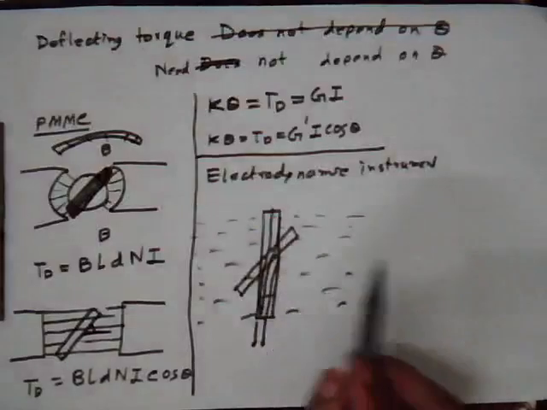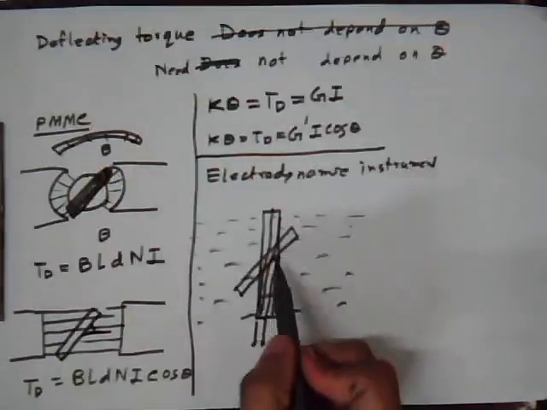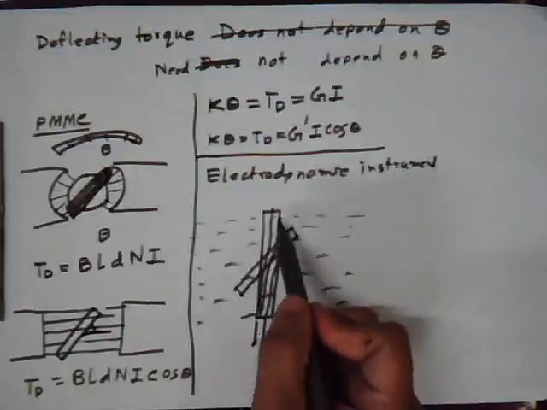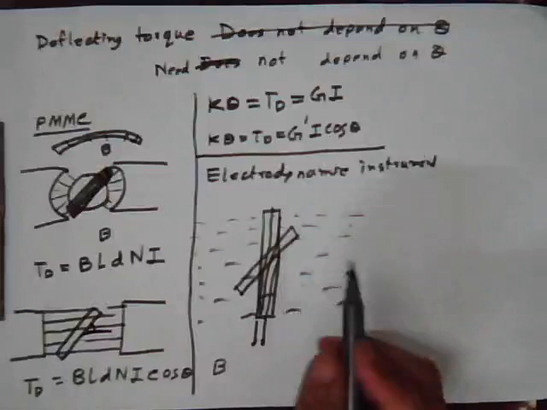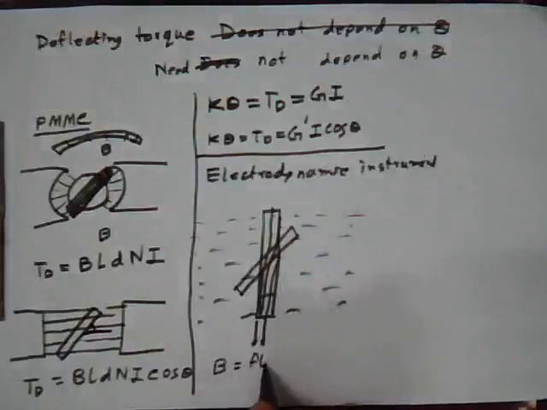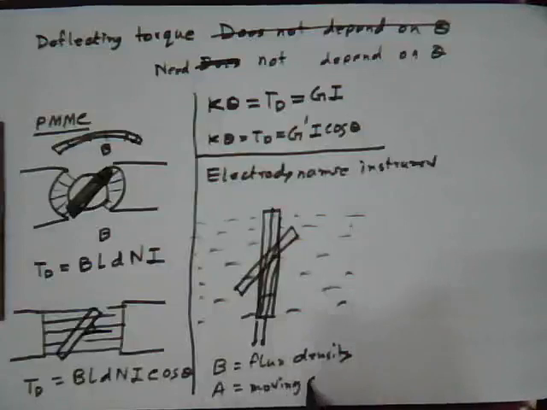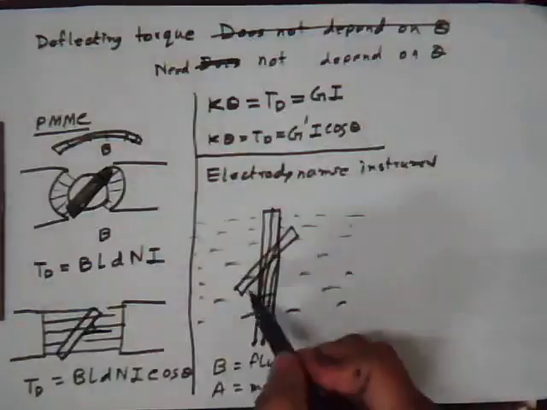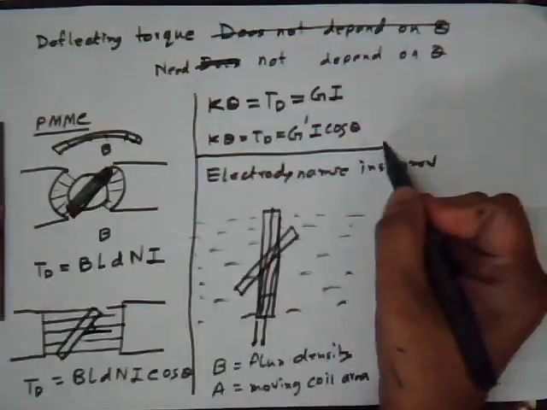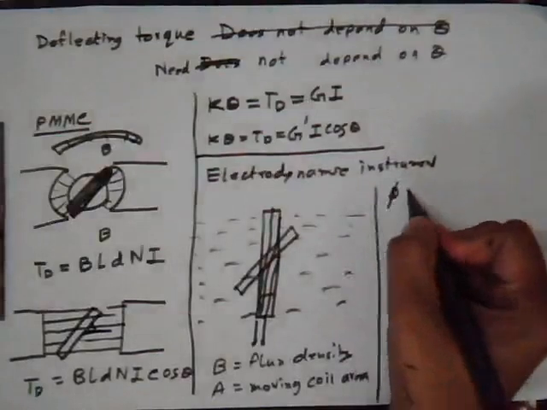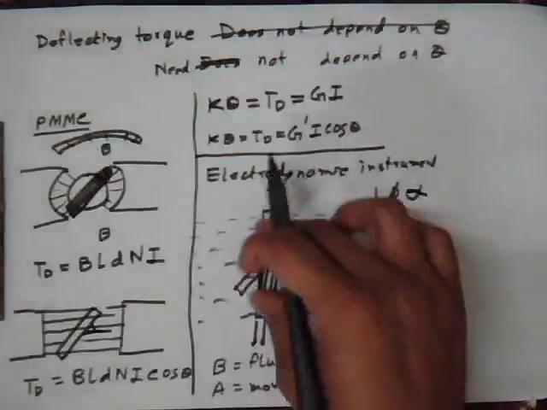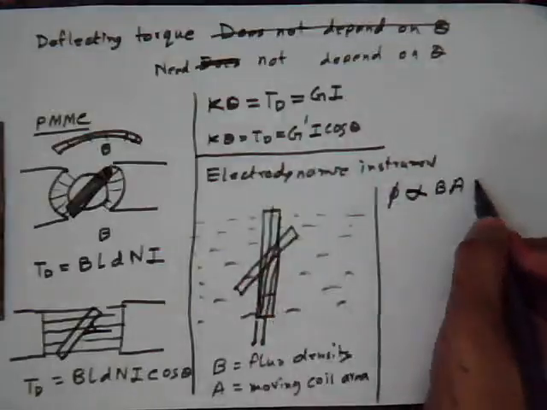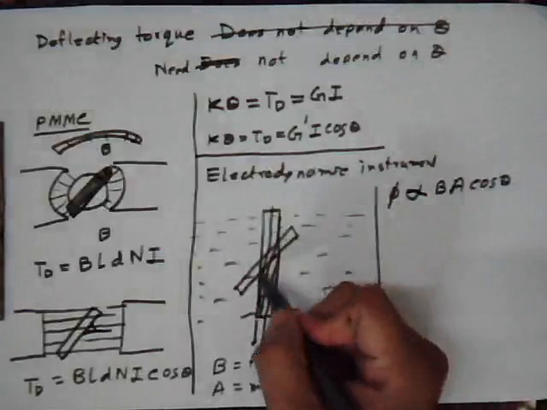If the flux density generated by the field coil is B, and A is the moving coil area, then the flux linkage is proportional to B times the projected area of this coil, which is proportional to B A cos theta, where theta is this angle.